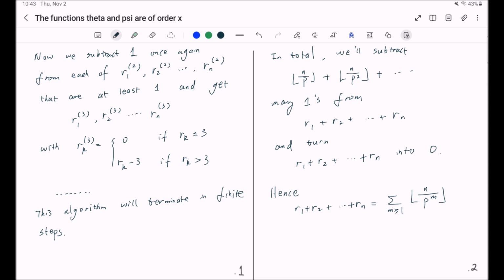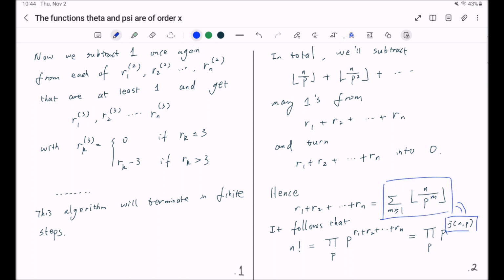And it follows that n factorial, which is the product of the powers of p with exponents R1 plus Rn, is the product of the powers of p with exponent j of n comma p, with this guy equal to the sum precisely, by definition.